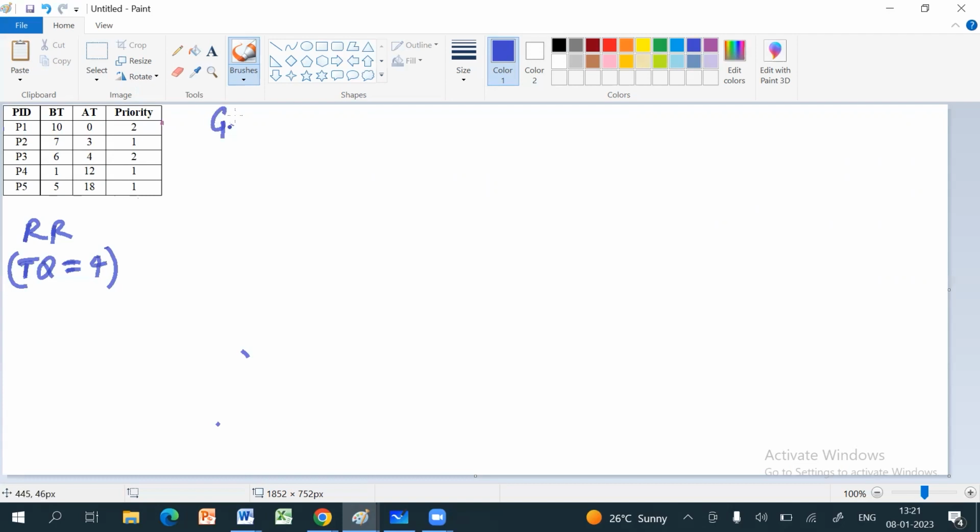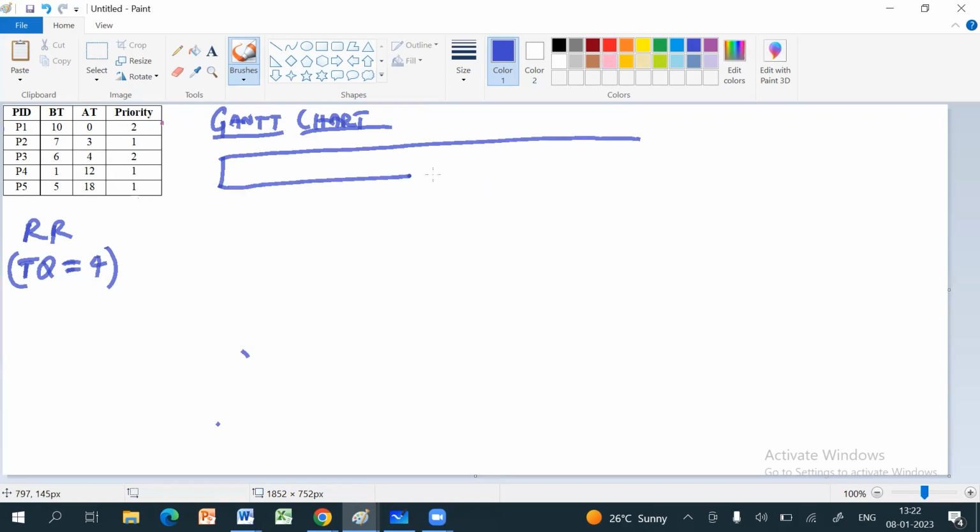So let's start with the Gantt chart again. So obviously the Gantt chart will start at time 0. At time 0, P1 is the only one which is currently available. So P1 will be scheduled first. P1 has a burst time of 10, but it would not continue till 10 because it's a preemptive version that we are working on.